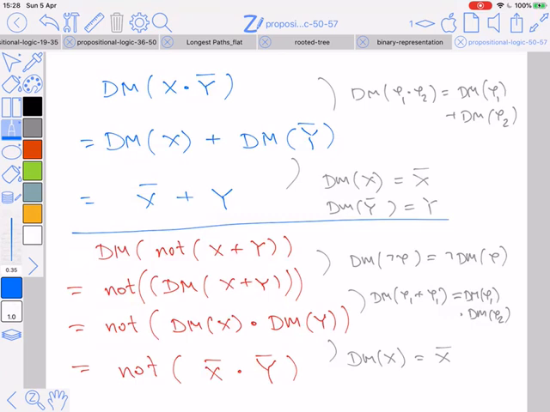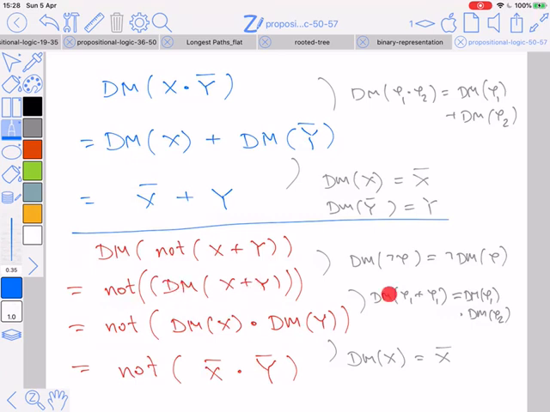Let's see another example. What is the De Morgan dual of not of x or y? Well, I have a not here, so I apply the rule. De Morgan dual of not of phi is the negation of the De Morgan dual of phi. So the not goes outside, and the De Morgan dual goes inside. Now I apply the De Morgan dual to x or y.